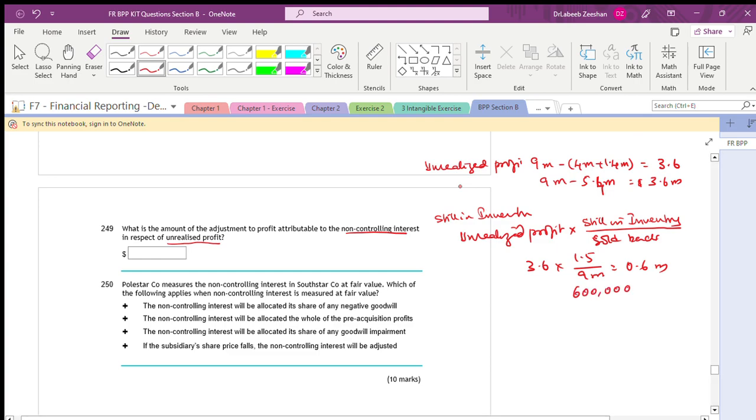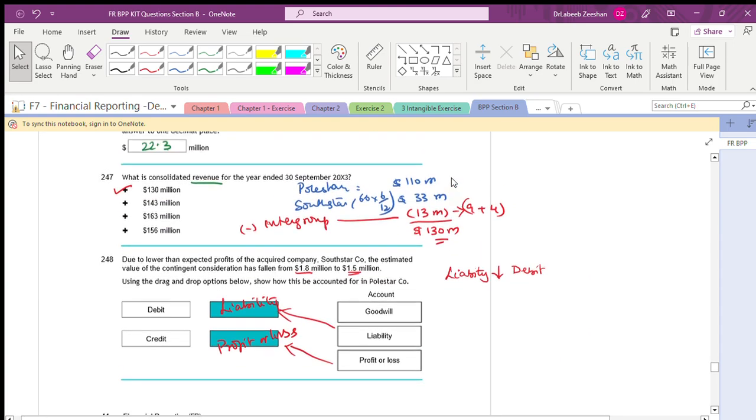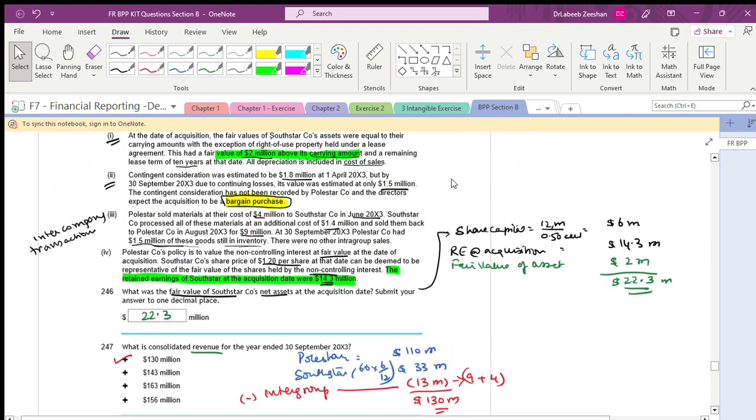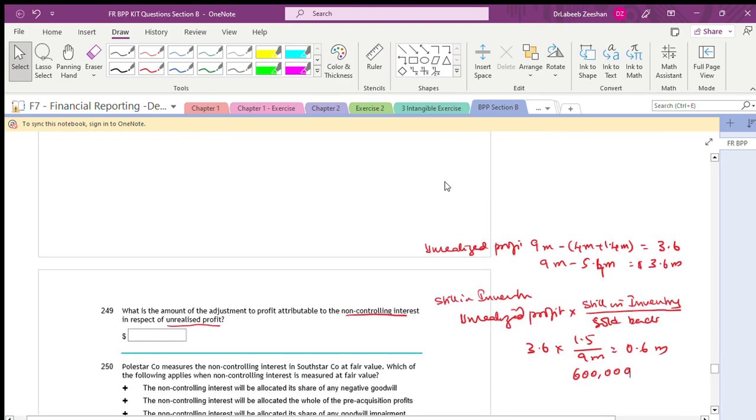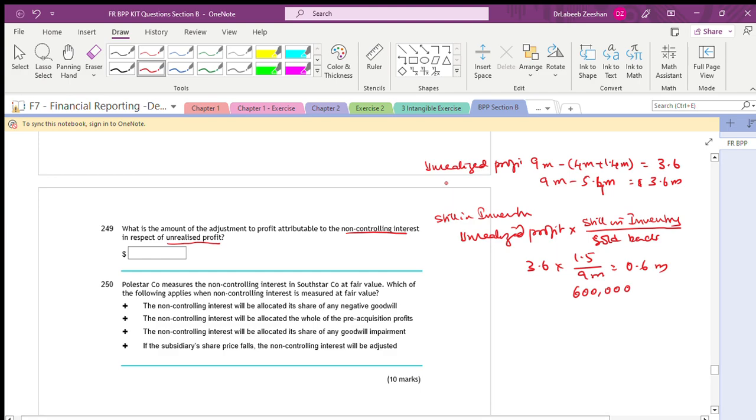Now, what are they saying? 25%. They say what is the percentage of NCI in the subsidiary? 25%. It comes to 0.25 times 600,000, which is 150,000. Okay. Now, be clear, don't get confused.